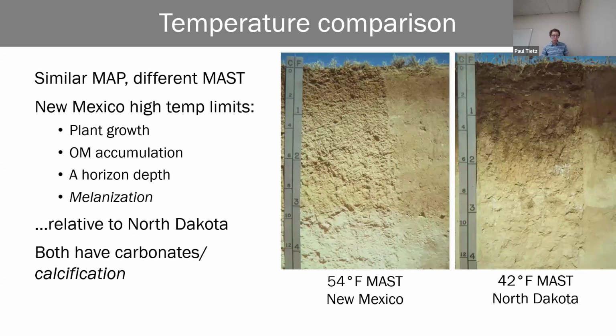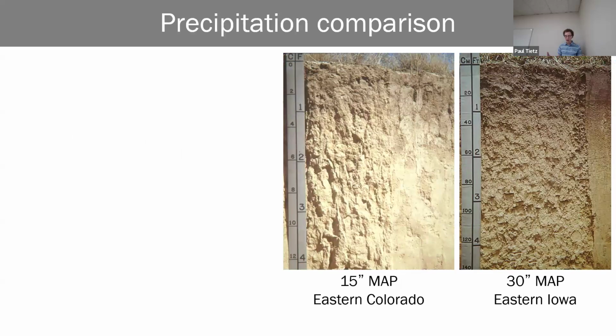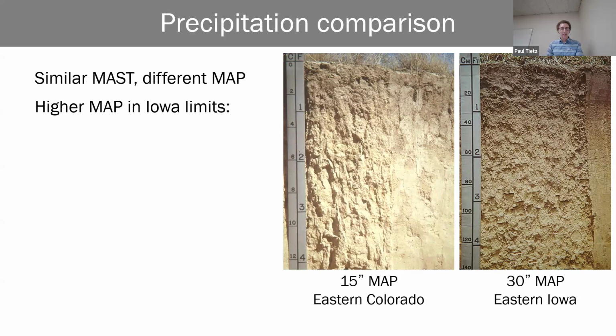Now, if we're going to pick two places with similar temperature through the year but different precipitation, we could look at Colorado and Iowa. And really the main difference here that I see is the higher precipitation in Iowa, like double the rainfall, is really limiting the calcification compared to our location in eastern Colorado.